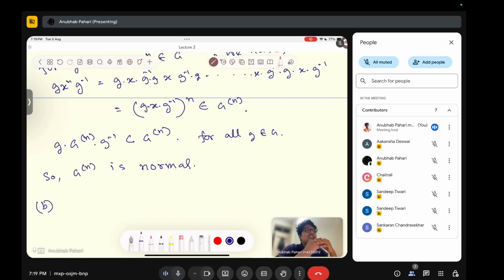First we have to show that it is a subgroup, and the only tricky part is that it is closed under multiplication. Okay, take your time, I'm taking a break for 2 minutes, and I'm coming back.